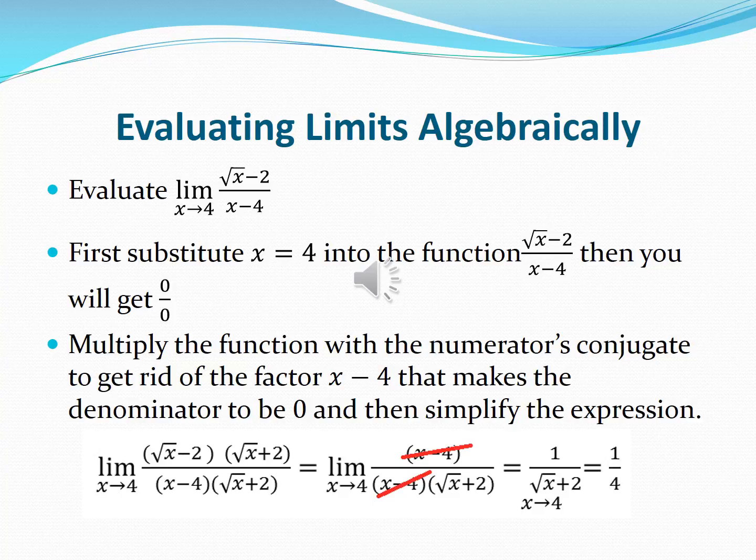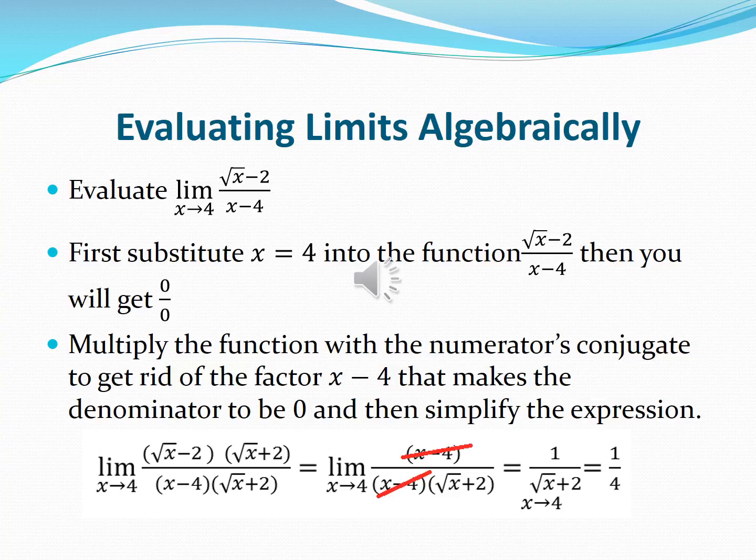And since the function involves radicals, the best approach usually is to find the conjugate. So now we will find the conjugate of square root of x minus 2. And the conjugate of that would be square root of x plus 2. So we multiply the numerator by square root of x plus 2 and the denominator by square root of x plus 2.